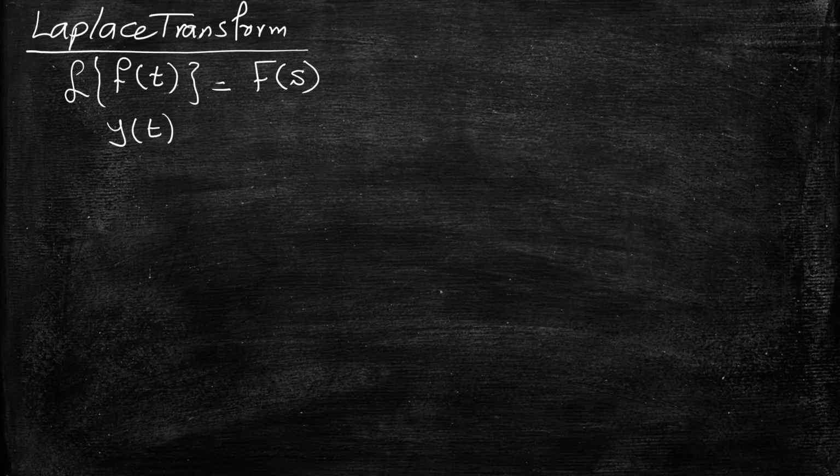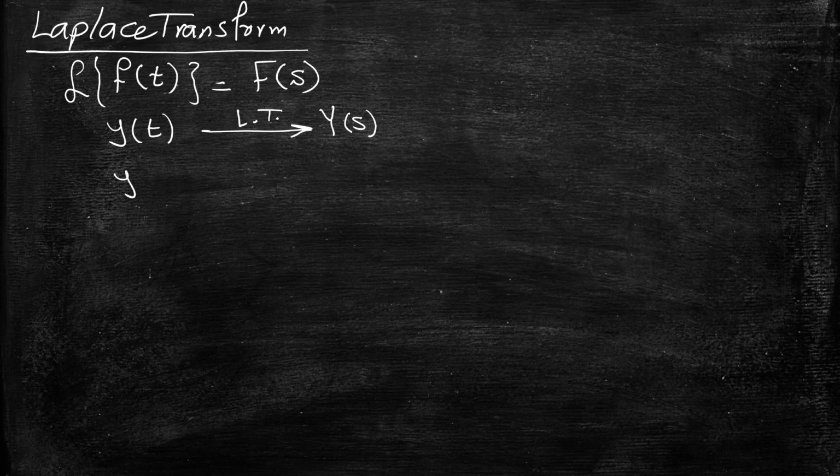So from the Laplace transform we discussed before, we have any function f of t, and the Laplace transform of this function is nothing but another function in the s domain, which is f of s. For example, if instead of f it's called y of t, it will have the Laplace transform y of s.